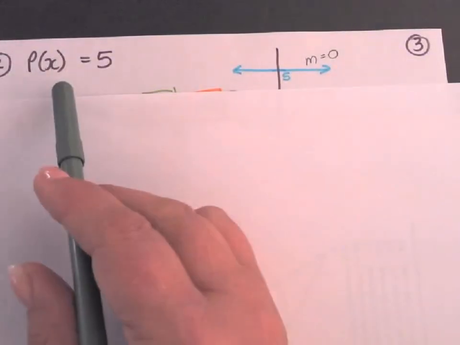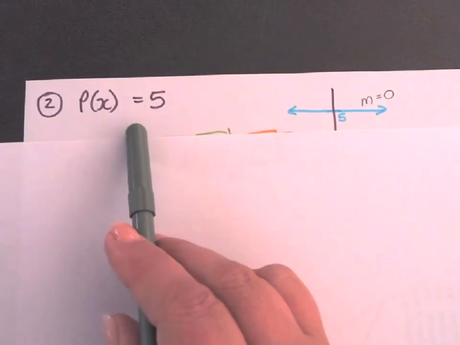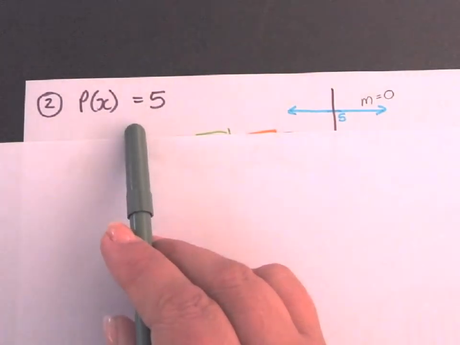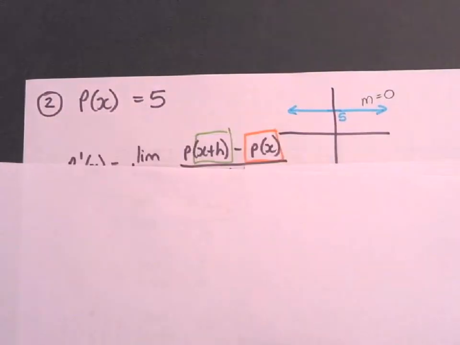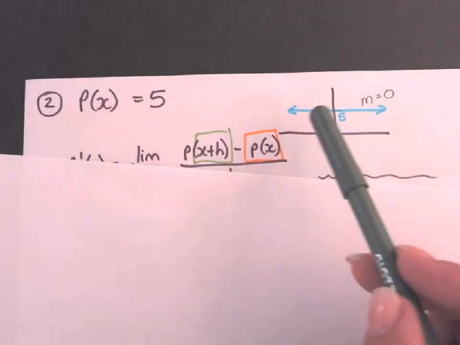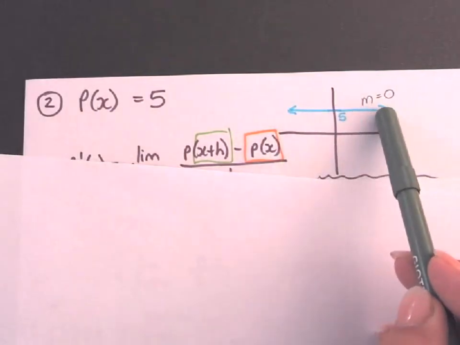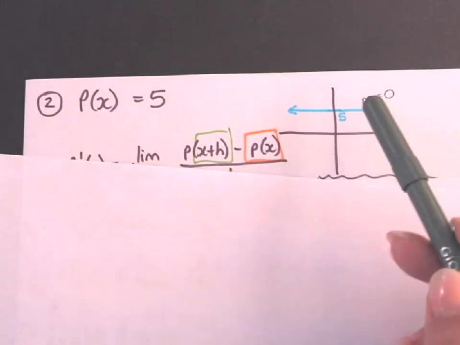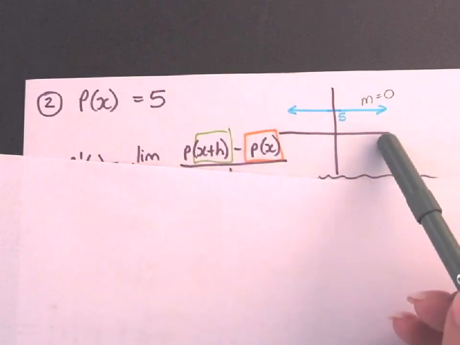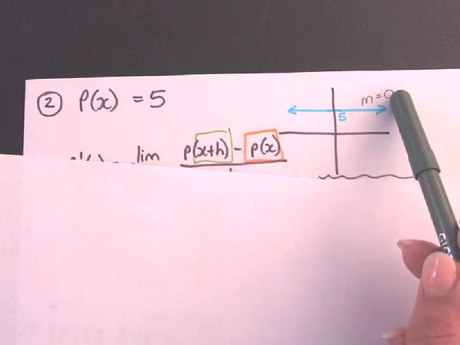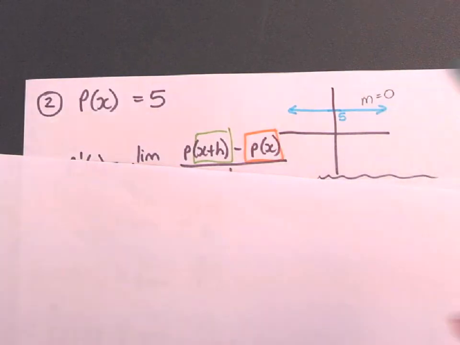p(x) is 5. Now if you draw that straight line, it will look like this. And we know that the gradient of a line parallel to the x-axis is 0. Can you remember that from last year? Good.